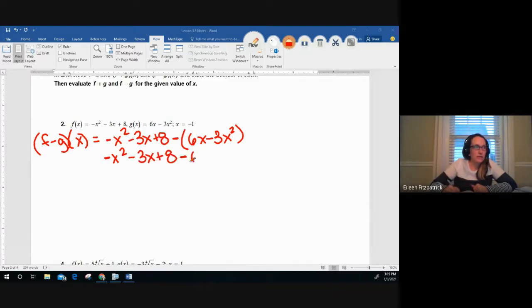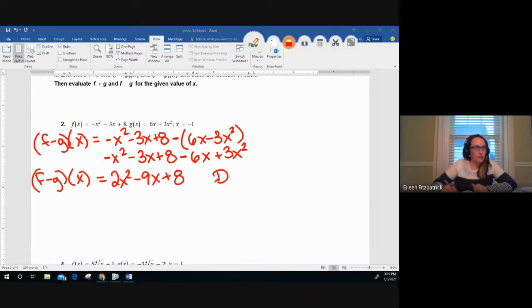So minus 6x plus 3x squared. Now combine like terms. So f minus g of x, -x squared plus 3x squared is going to be just a 2x squared. Then I have -3 and -6, so it's -9x, and then a plus 8. Your domain is still all real numbers.